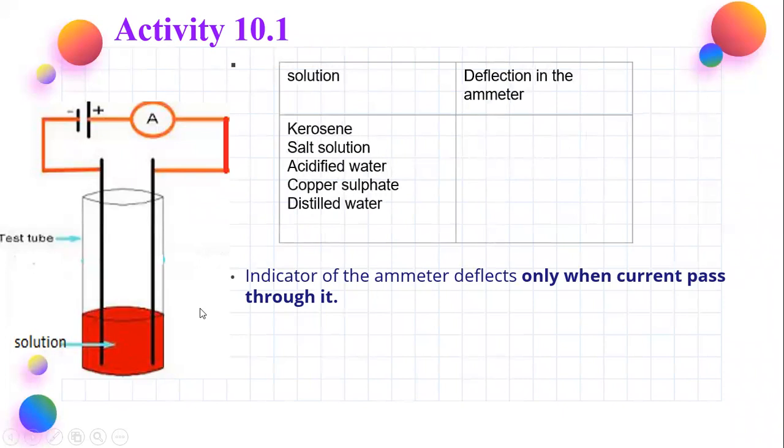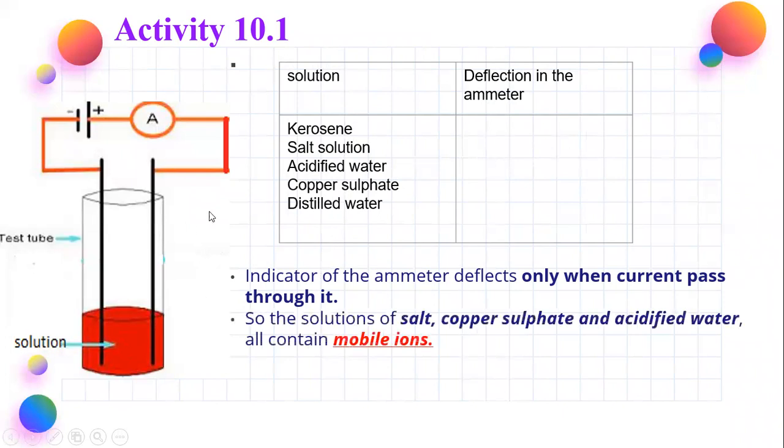So here we use these 5 solutions: kerosene, salt solution, acidified water, copper sulfate, and distilled water. The solution of salt, acidified water, and copper sulfate, these three have mobile ions in them.